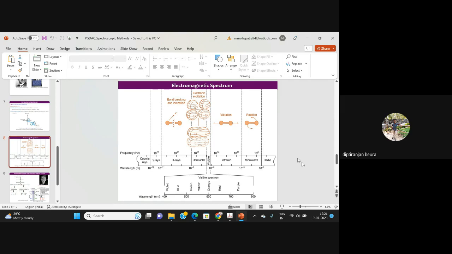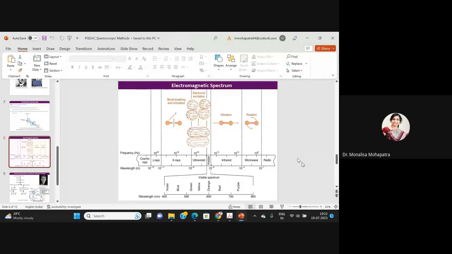Many things are there. But the motto of this course is confined to you all, because some are of PG background, some are of UG background. So our motto is to share the knowledge of the spectroscopic method in general, so that UG students can also understand some parts of spectroscopy when they go for further study.